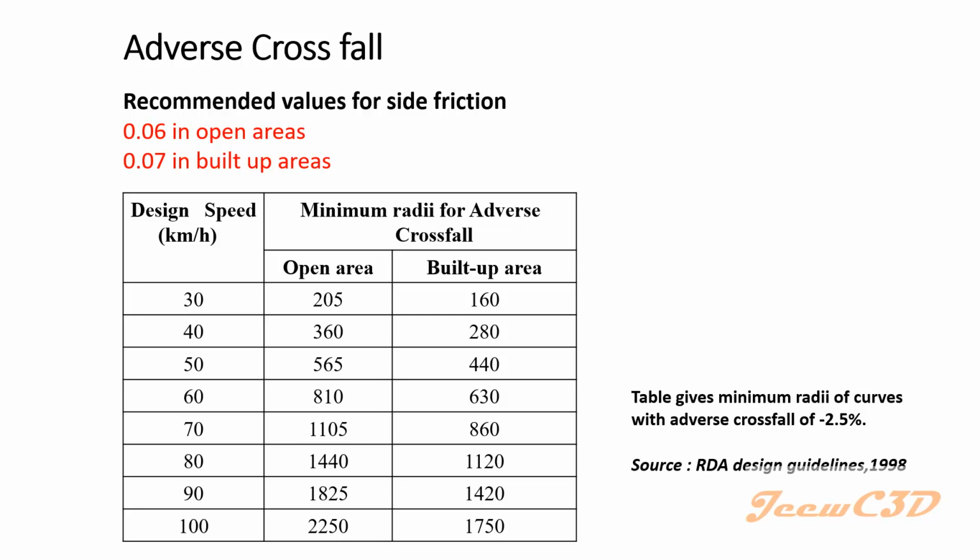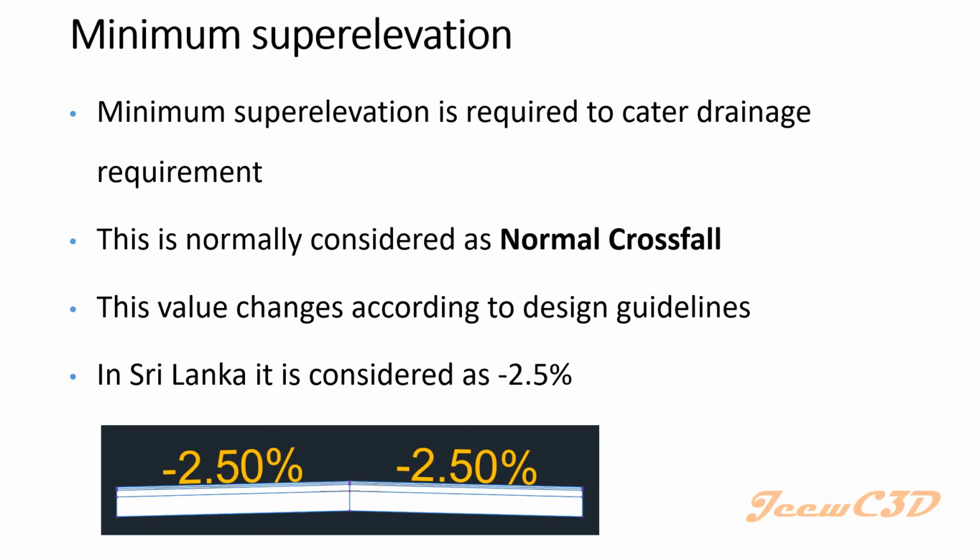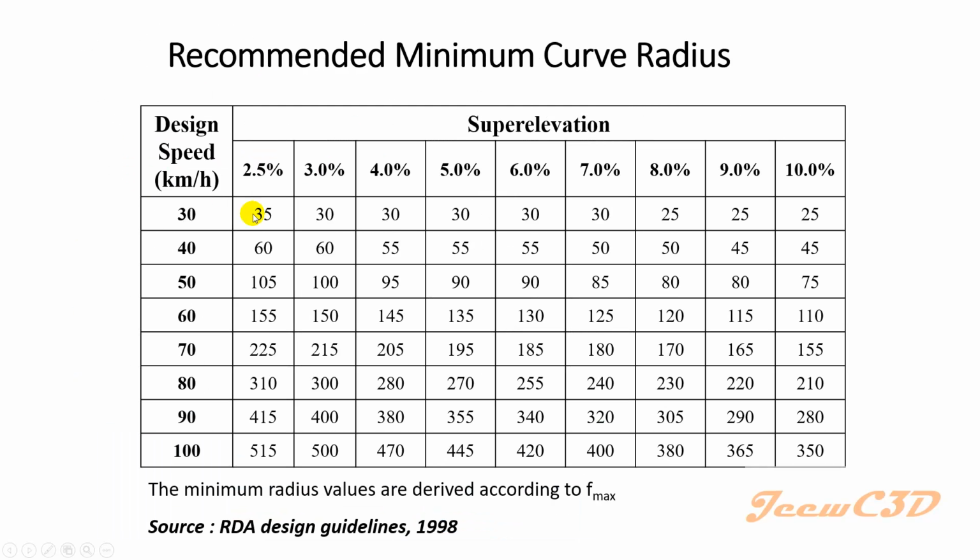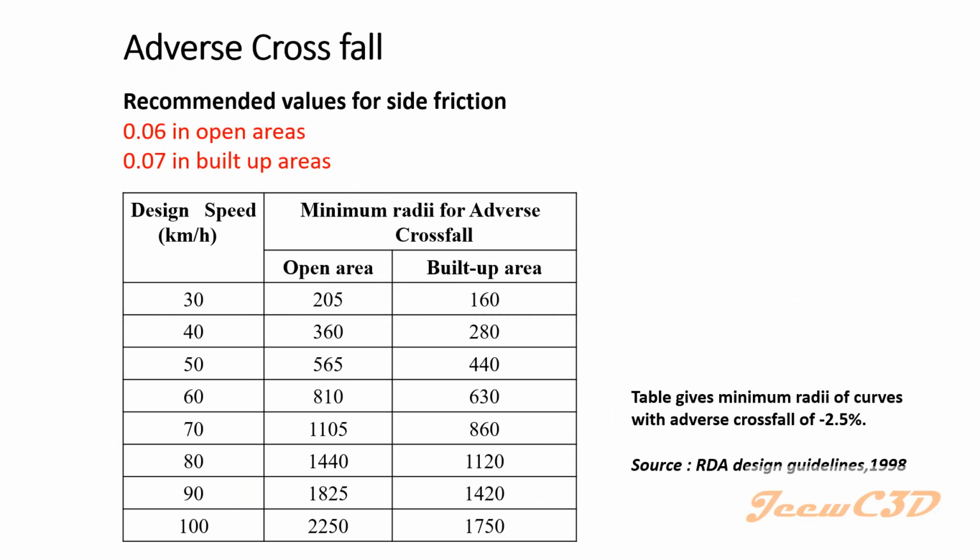So to make it more clear, if you have a radius of 100 meters, you should have super elevation of 2.5, because if the design speed is 30 and your radius is 100 meters, that means less than the adverse crossfall radius, so you should have super elevation of 2.5. When your radius is more than or equal to the adverse crossfall radius, your super elevation will not be there.